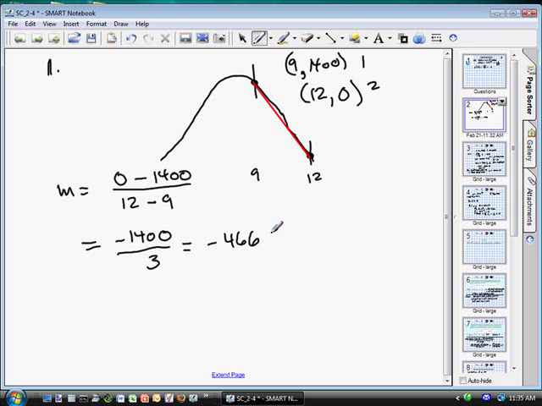Over what interval is the average rate of change approximately equal to the rate of change at t equals 8? Well, t equals 8, just by eyeballing, appears to be kind of at the top point of the graph, doesn't it? And so wouldn't you agree that it looks like the slope of the tangent line there appears to be about 0?